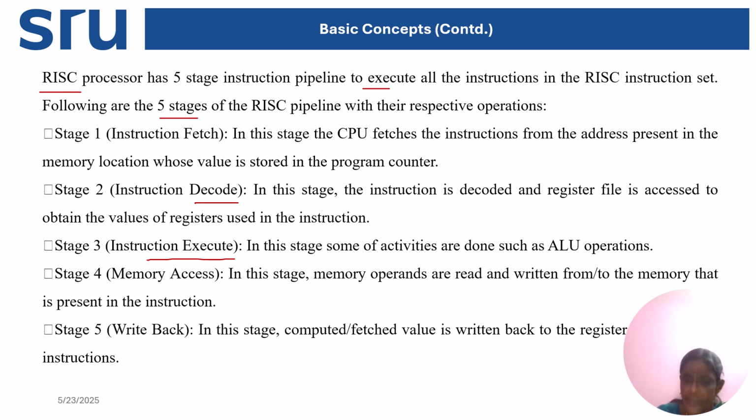What are the data? Those will enter in this stage 4. And in stage 5, write back. Write back means after execution, the processor will definitely have the output results.